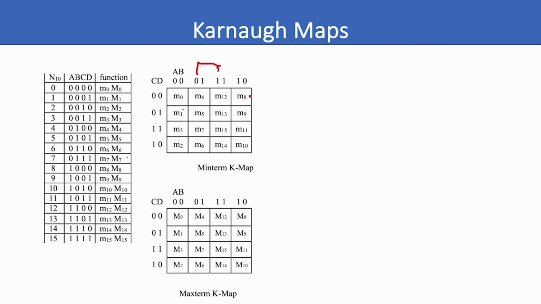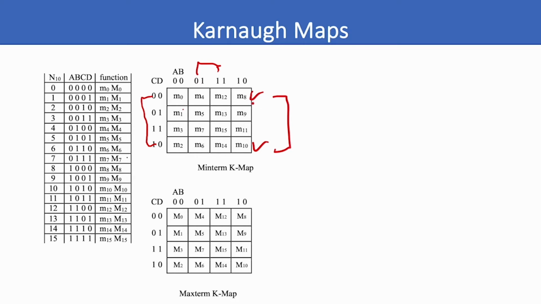How about this cube right here and this cube right here? Let's look at variable changes, see if there's only one variable change between these two. If we look at this M8 right here, we see that C and D are a 0 right here, and down here, C and D are a 1, 0. So the variable that changed was C. C went from a 0 to a 1.